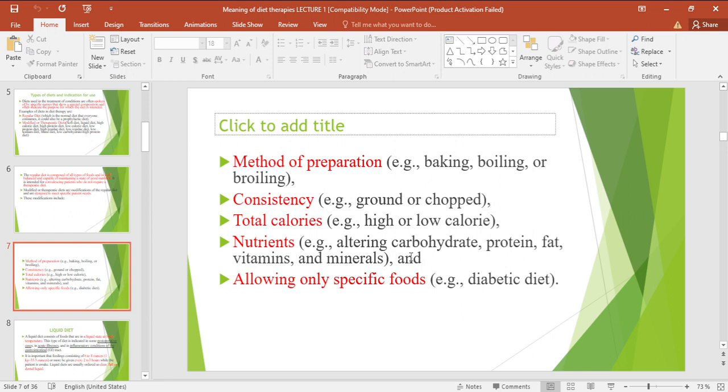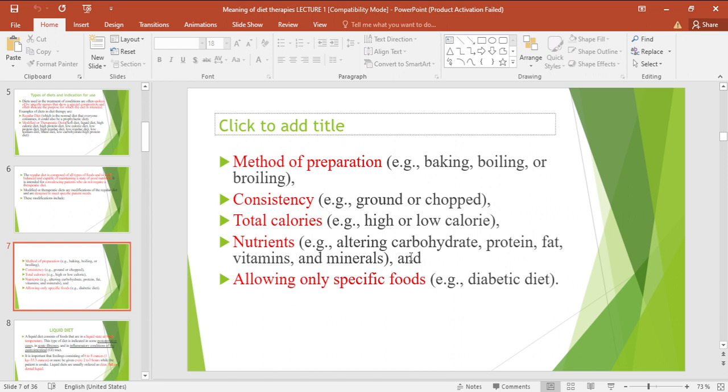All this will depend on the situation or the disease the patient is suffering from. And then the nutrients. We alter the carbohydrates, the proteins, the fat, the vitamins, and the minerals. And also we allow only specific foods. For example, for a diabetic, we emphasize the foods that are good for a diabetic patient. For a hypertensive, foods that are good for that situation.